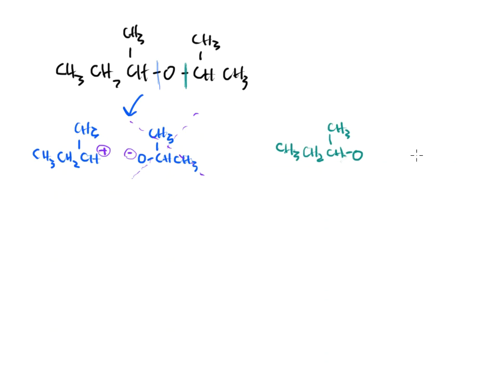On the other side, I'll have a CH, CH3, and a CH3. So it's cleaved at this point. There are my two halves. This gets the negative because the oxygen's electronegative, and away it goes, and this will not be seen by the detector. On this side, though, that will get my positive charge, and this will be seen by the detector.